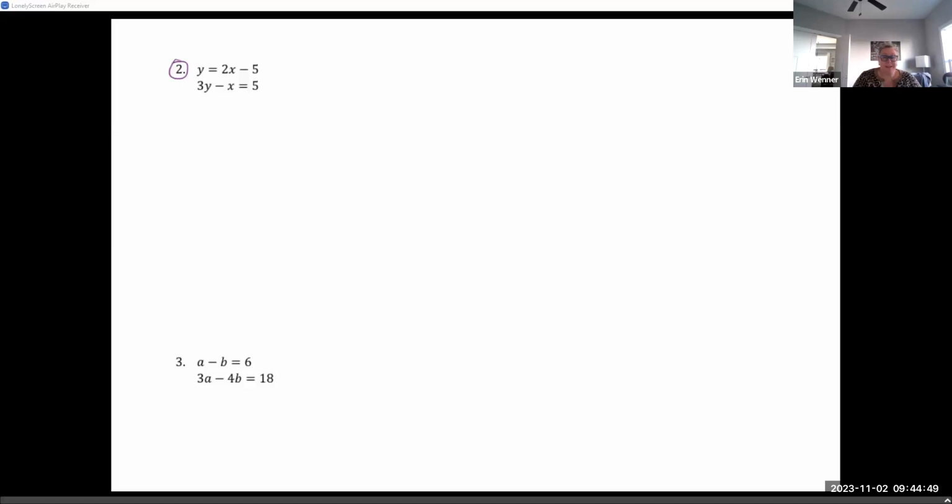So remember, we need to isolate a variable. Again, in number 2, we actually already have one isolated. y equals 2x minus 5, which means y is isolated. So we have what y equals. So we're going to take this stuff and plug it in for y in the second equation.